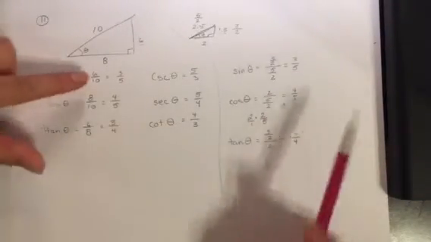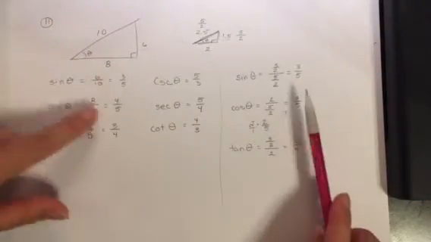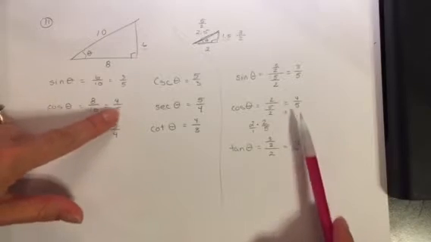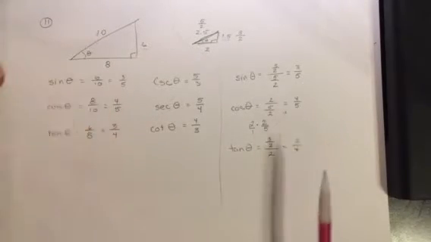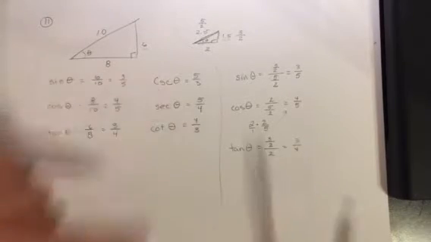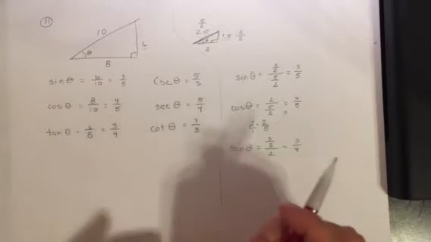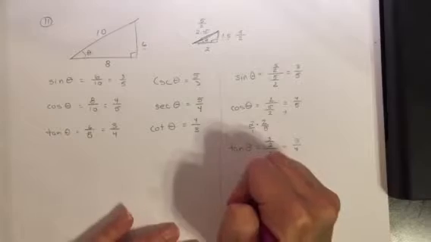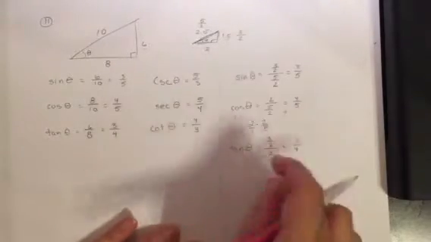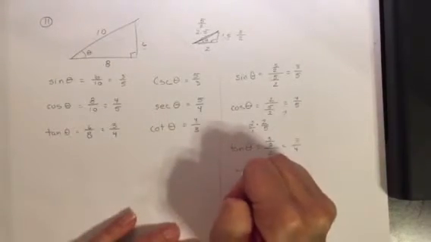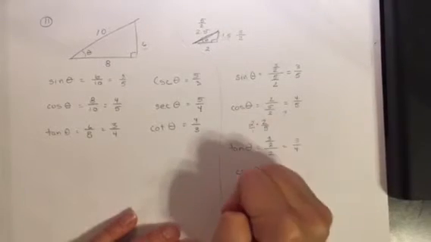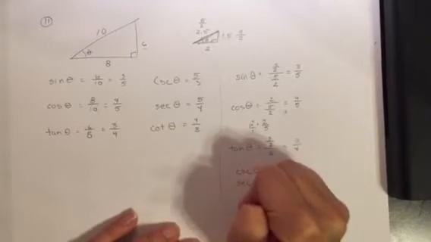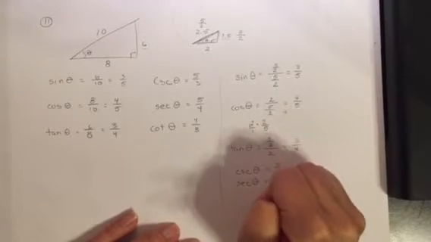All right, so if we notice here, we're getting the same values, and if we get the same values for sine and cosine and tangent, then we're going to get the same values for secant, cosecant, and cotangent, because those reciprocals of these initial values are going to be the same. So let me just write them down as the directions ask me for them for each triangle.